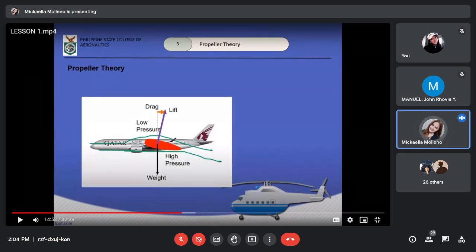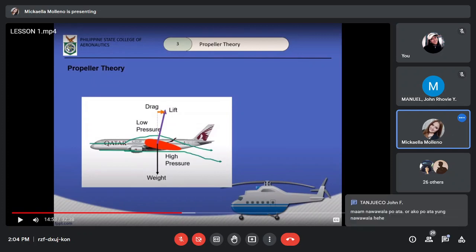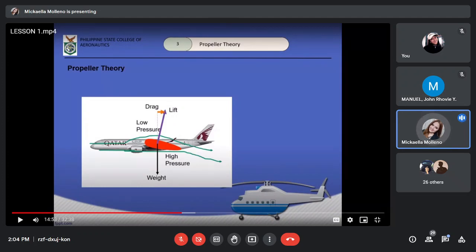Okay, so baka na ano pa. Okay. Guys, na-absorb ba yung mga previous na na-discuss na? Ma'am, nawawala po ata. Okay, nawawala ba yung connection? Naririnig pa ba? Naririnig po. Okay, so questions, clarifications, may hindi ba naiintindihan?